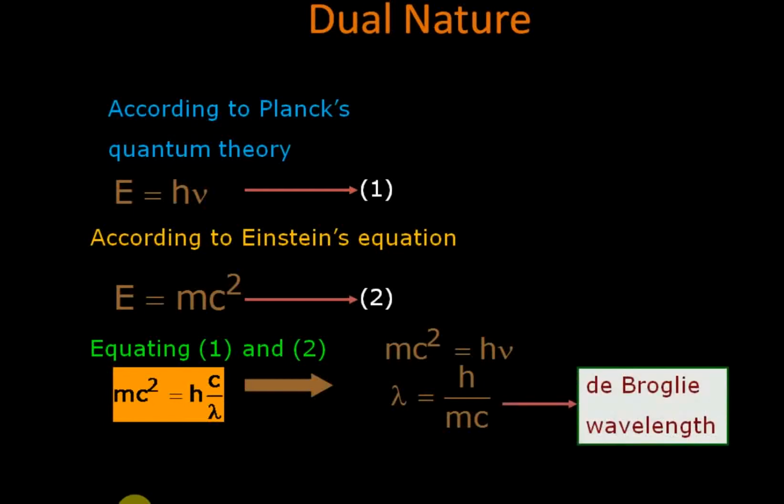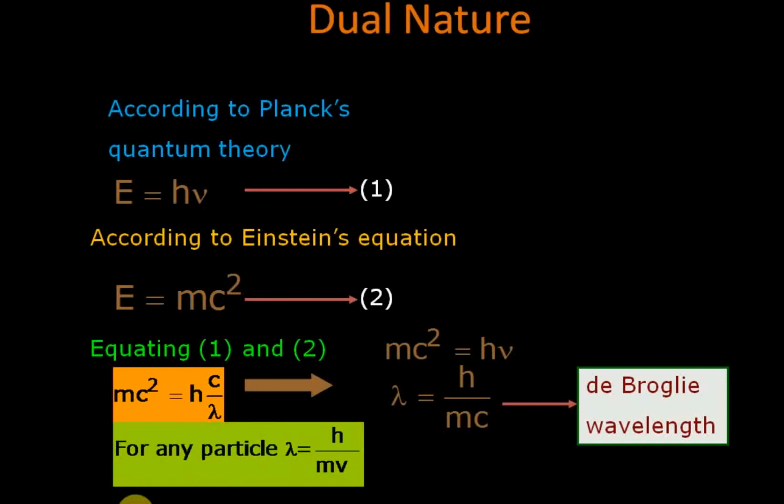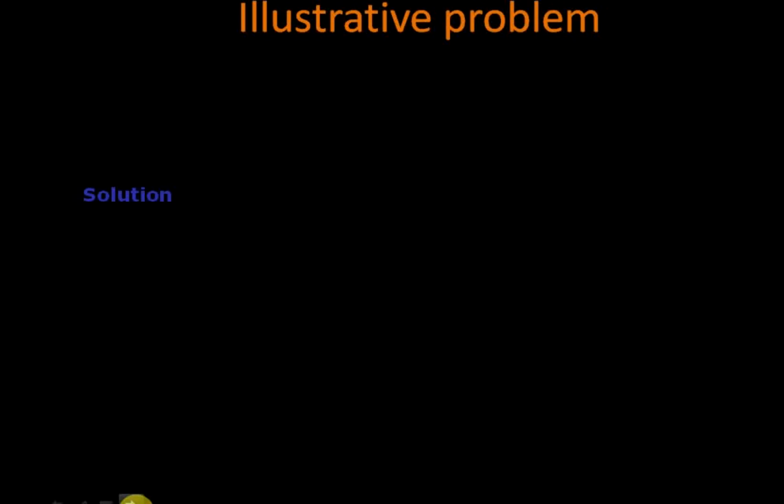De Broglie related this formula to matter waves also, and he stated that for any materialistic particle moving with velocity v having mass m, the wavelength of the related matter wave is given as lambda equal to h upon mv. So this is the concept about matter waves.